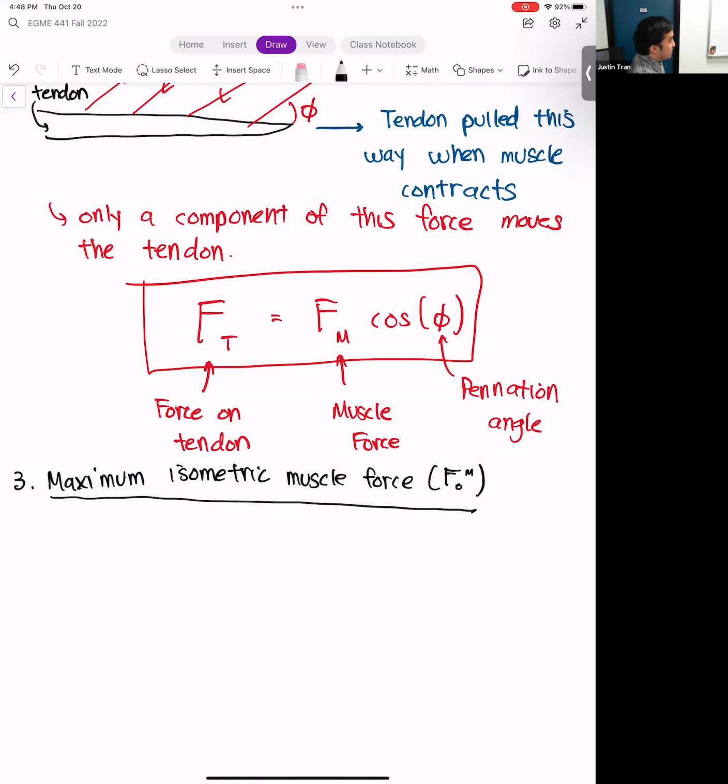The symbol we give for that is FOM. This is the maximum amount of force. If your muscle was maximally engaged and maximally activated, this is the maximum amount of force that the muscle can produce.